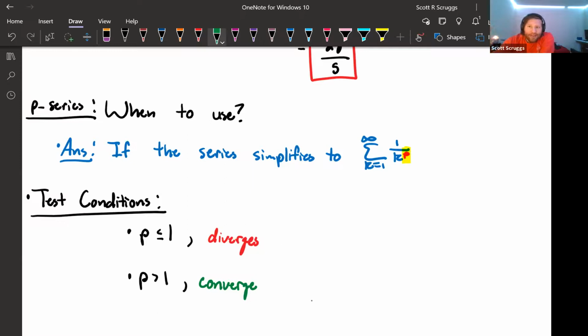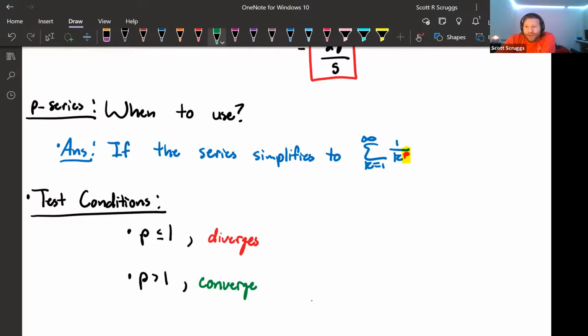If I can do that, then I can use a P-series test, which says I look at that exponent. If it is less than or equal to 1, my series will diverge. However, if that exponent is strictly greater than 1, that series will converge to a particular number.